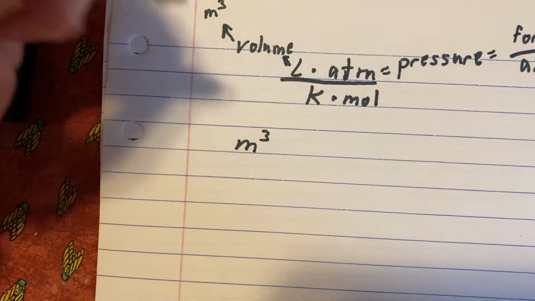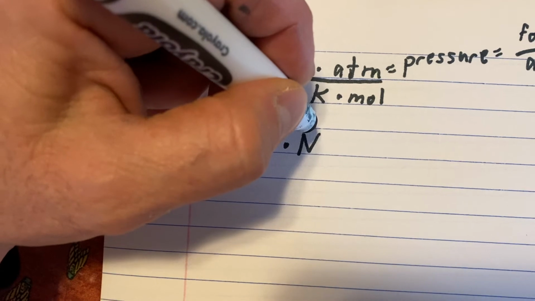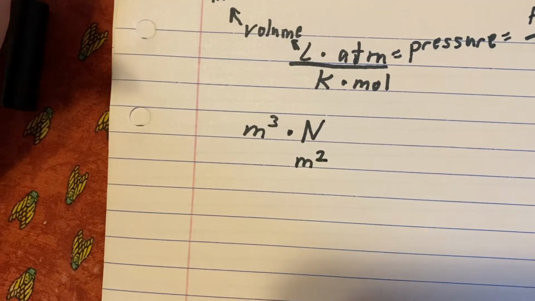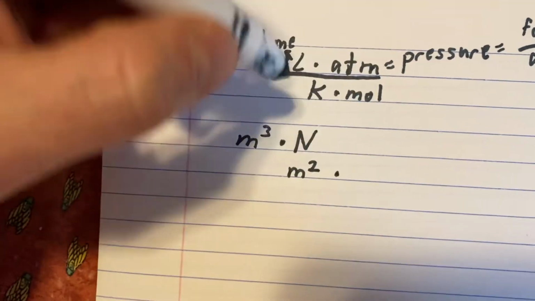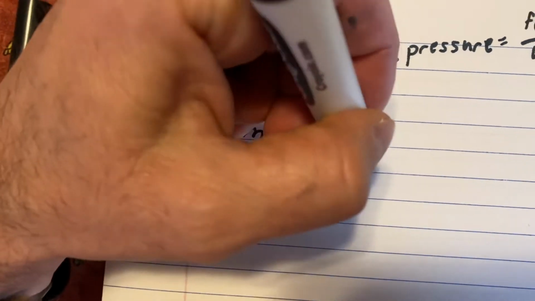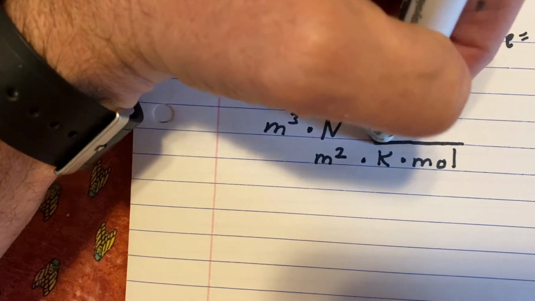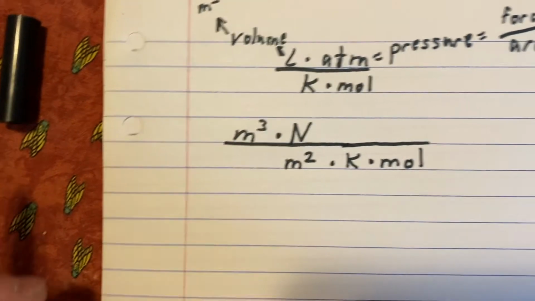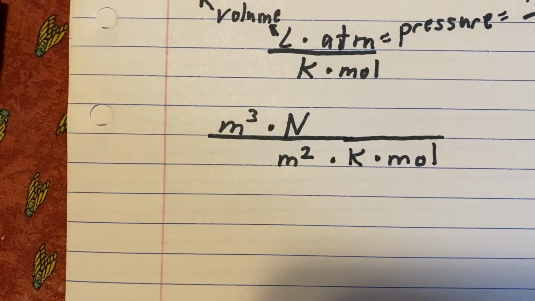The atmospheres are going to turn into newtons, and in the numerator and in the denominator, I'm going to have square meters. And I'm going to have left in the denominator my Kelvin and moles. So that's times Kelvin times moles. And there's my line here. It's just a little offset because I'm trying to simplify it down. Do you understand what I'm saying there?